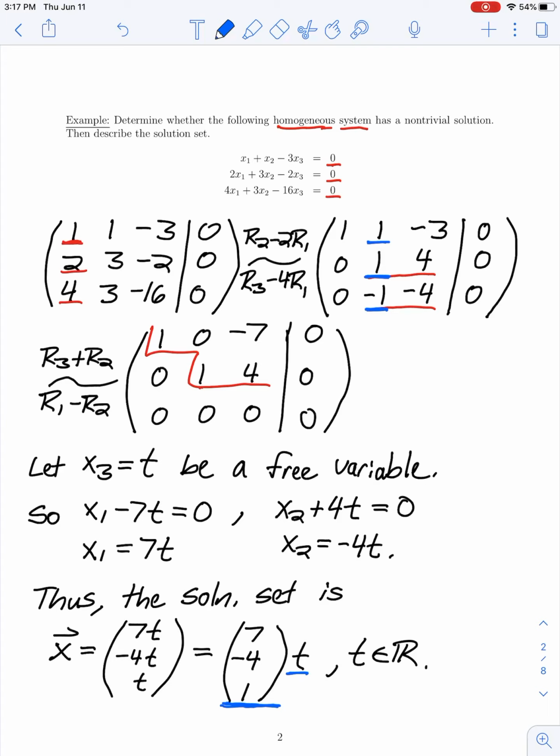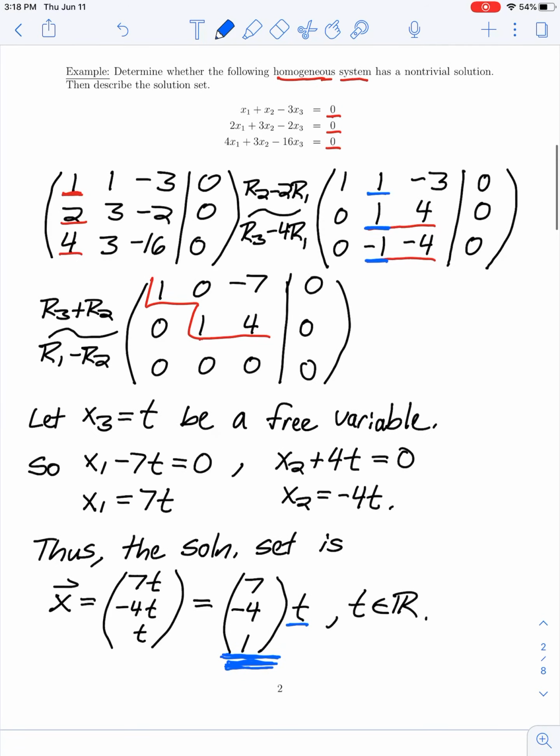So this solution set would be describing a line in space, since this is a three-dimensional vector, which passes through the origin, since if t is 0, we have the vector 0, 0, 0, and moving along the direction specified by the indicated vector 7, negative 4, 1.